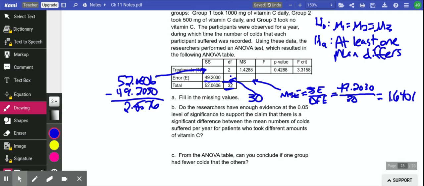And then the last thing that we were supposed to calculate is this F value, again on your yellow formula sheet. F is MST divided by MSE.